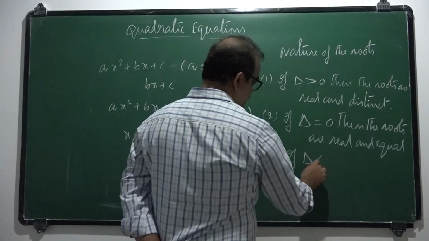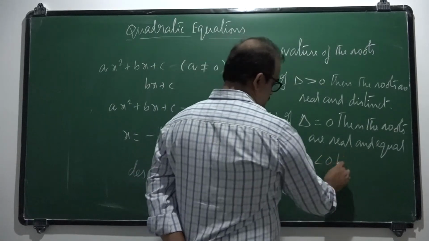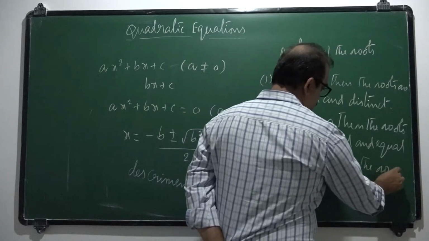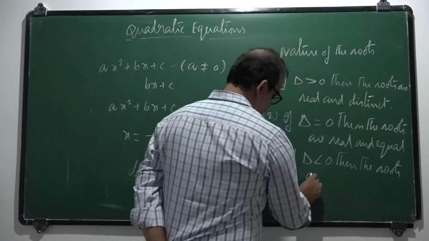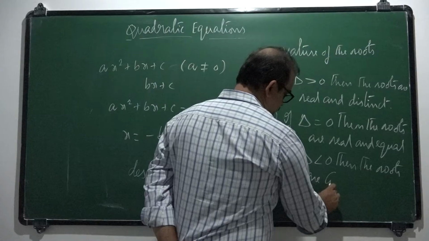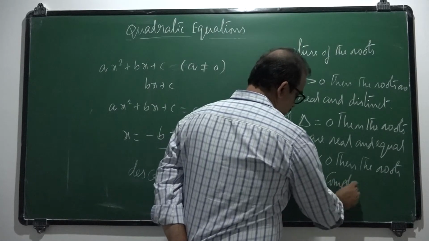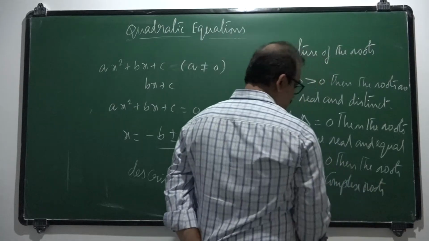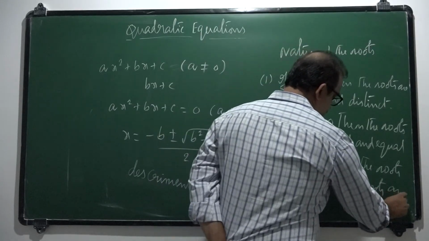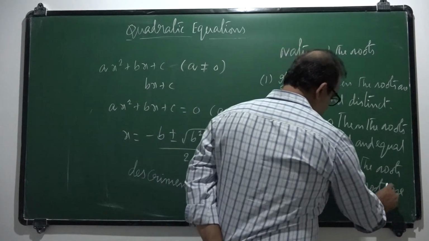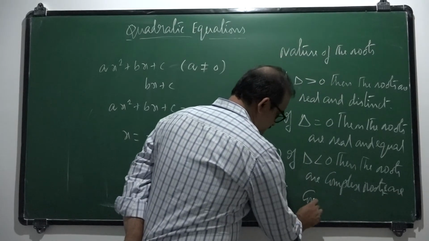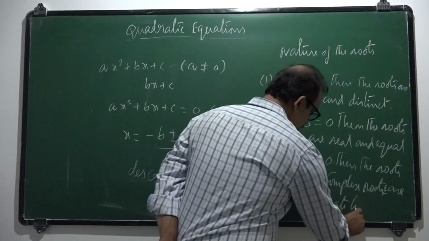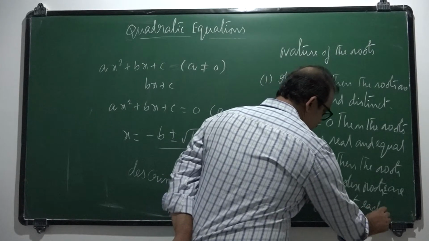If delta less than 0, then the roots are complex roots and are conjugated to each other.